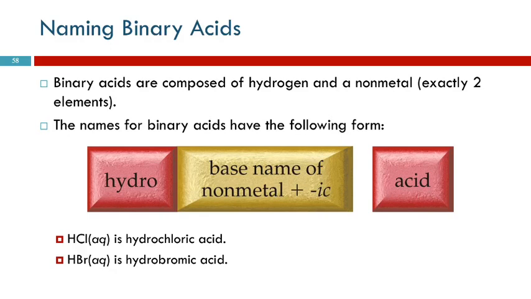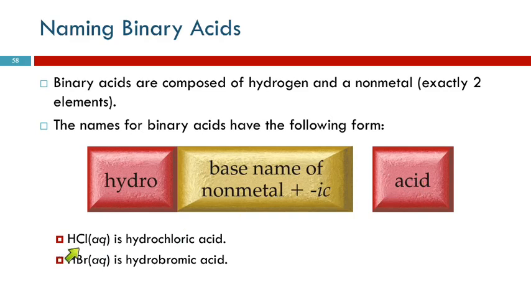So this is where you've got two elements, hydrogen and a nonmetal. Like HCl, HBr. You've got hydrogen and one other nonmetal element. So you put the prefix hydro on the front, and then you take the base name of the nonmetal, and you change the ending to ic, and then you put the word acid on the end.